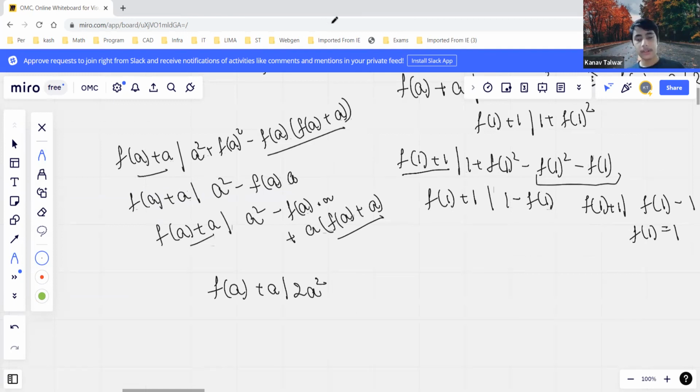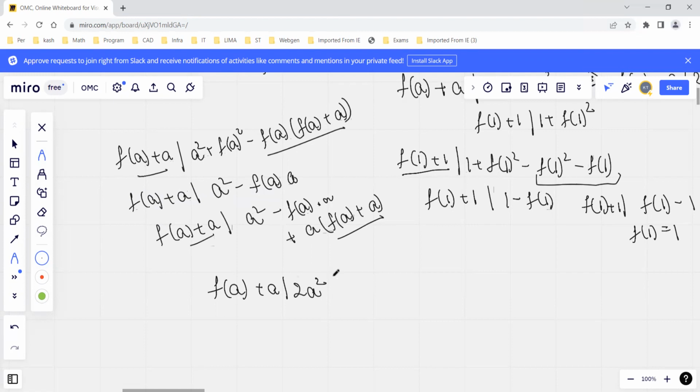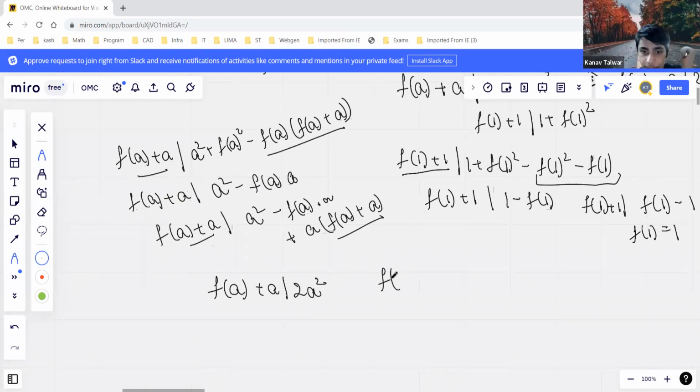Now, what is a good choice of a? Putting a as a prime number. Yes. So we have that f of p plus p, where p is a prime, divides twice of p squared. And twice of p squared has nice divisors.